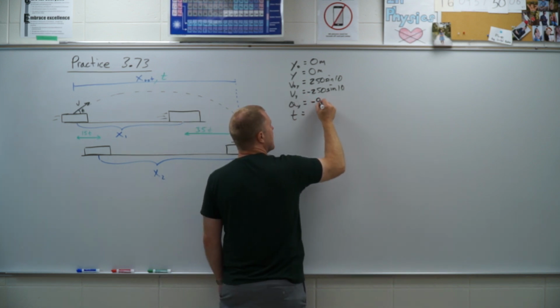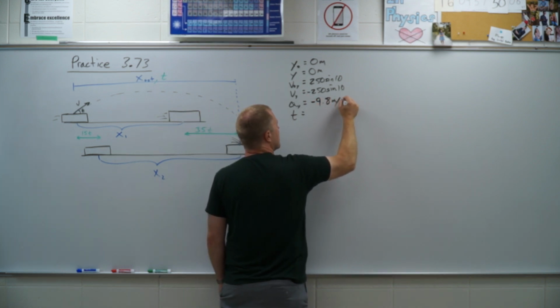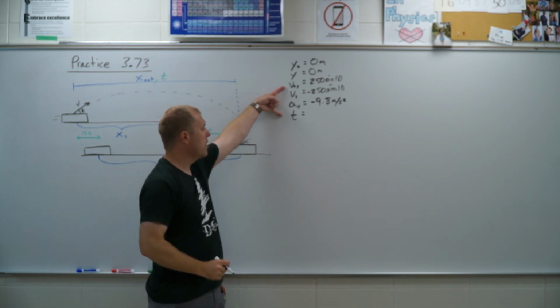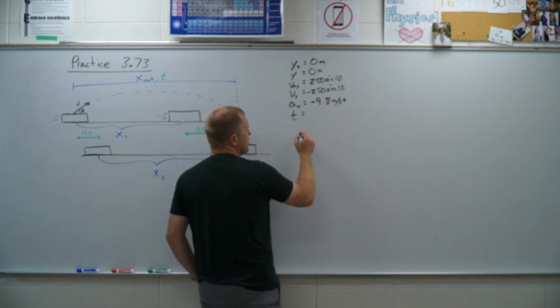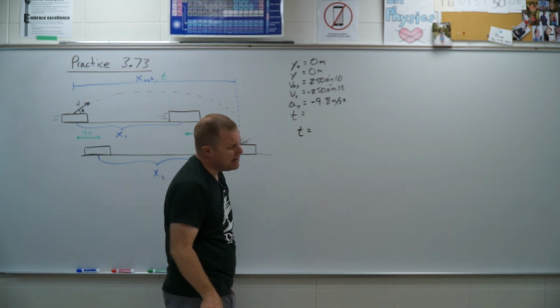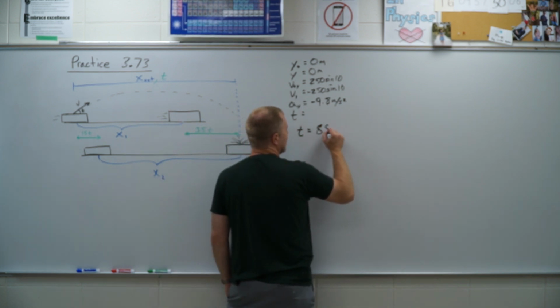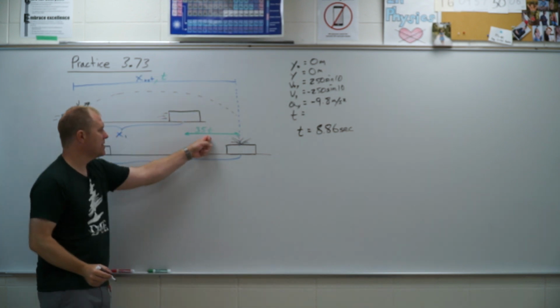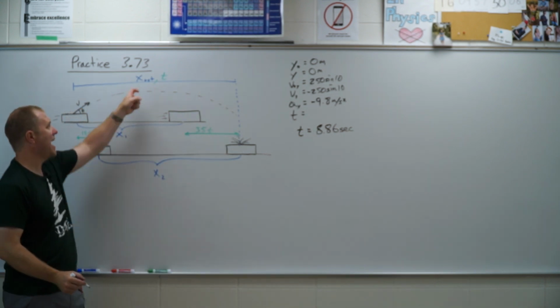The acceleration is negative 9.8 meters per second squared, and you can solve for time. I chose to use equation number 1 here, and I ended up with a time of 8.86 seconds.